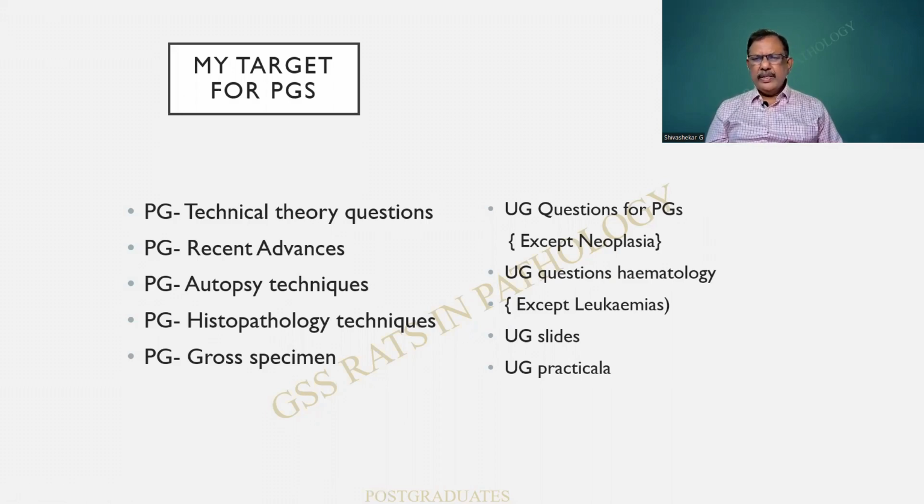Anything like megaloblastic anemia or a sickle cell anemia or a spherocytosis can very well be read from this. The UG slides, not because they are going to be asked in the exam, because you people should be very familiar in teaching your students. And any of the PG practicals, UG practicals.